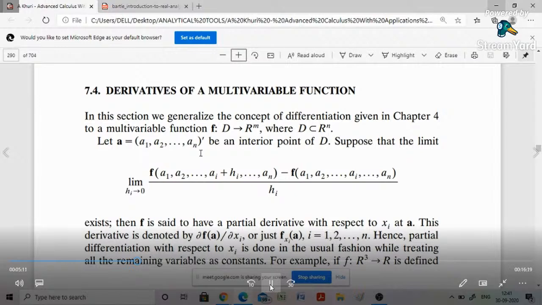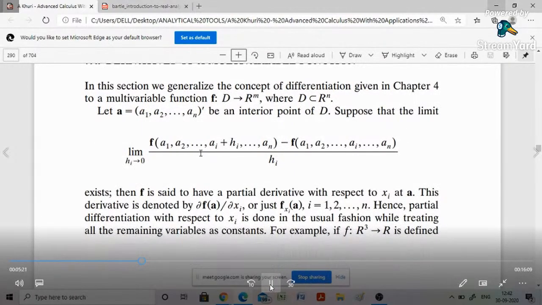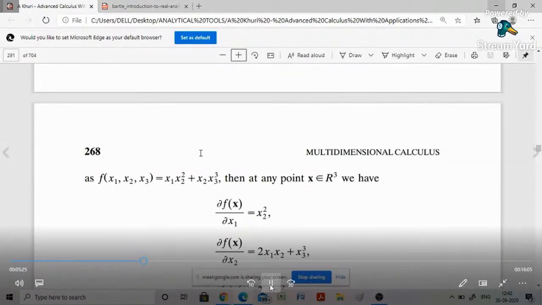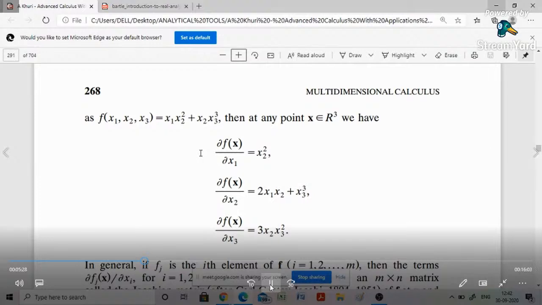Okay, this is possible for every variable, that is i going from 1 to n. Hence it is the partial derivatives of the function with respect to the variables. Okay, here we have an example, f of x1, x2, x3.